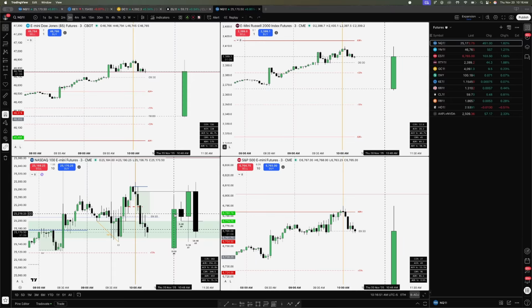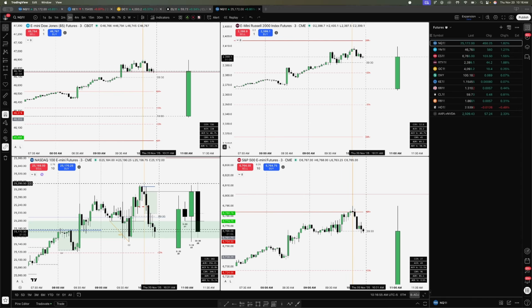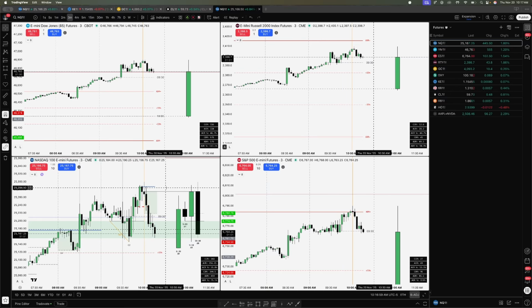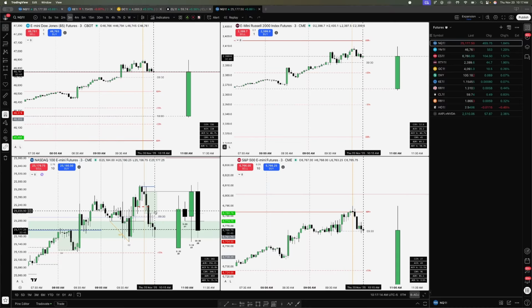Absolutely. And I want to point out one thing here on this 3 minute. Again, this is something learned from T Trades. The act of failing to change state of delivery is a very important thing to watch. The fact that we couldn't close above these down close candles can be a trigger for you.